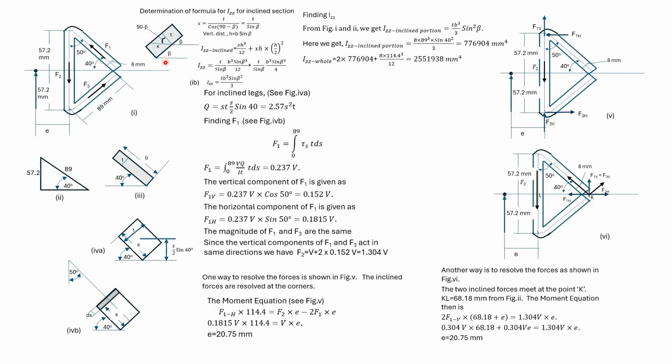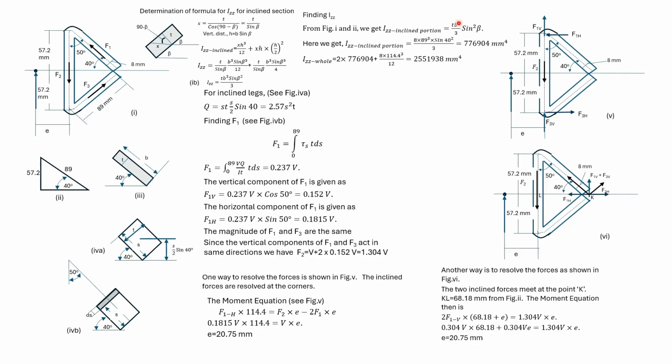Izz of the inclined portion about the base is x h cubed by 12 plus A D squared, which is x h into h by 2 squared. We substitute x and h in this equation. x is t divided by sin beta and h is b sin beta, from which we get Izz is equal to t b cube sine square beta divided by 3.